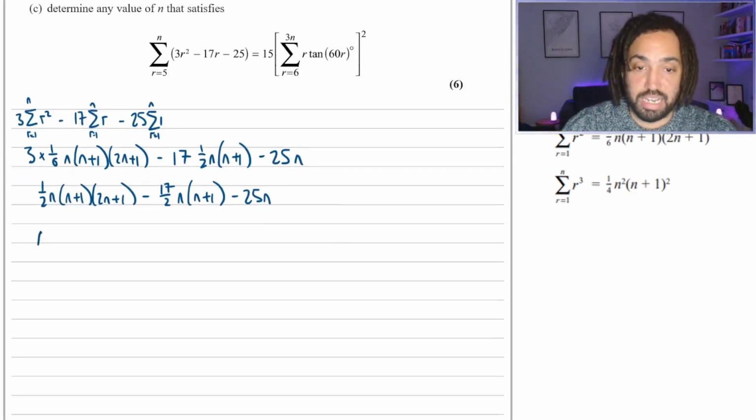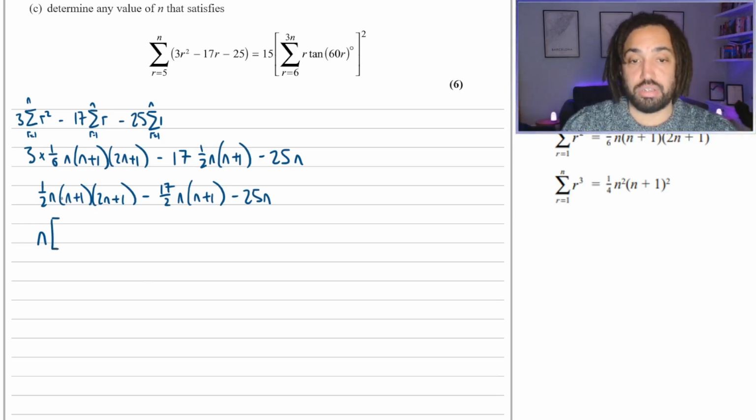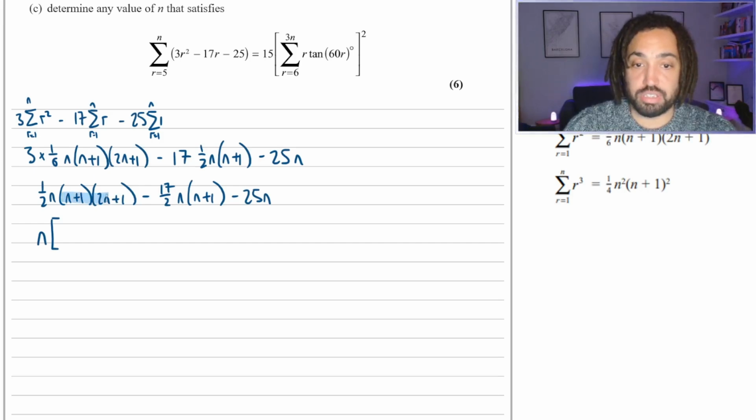Okay, so we can take an n out, like so, and then we can multiply out, let me multiply out this first, and then I will times it by half.